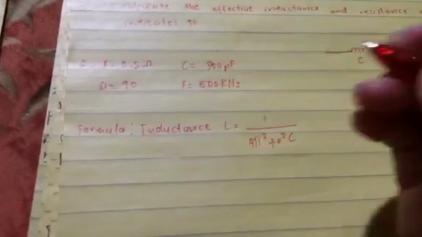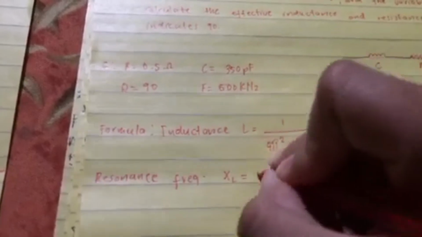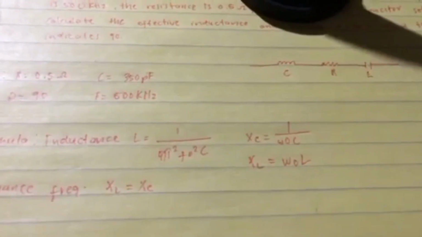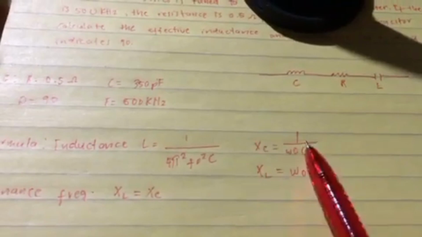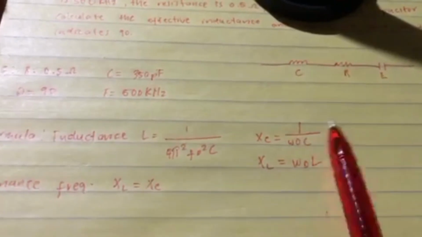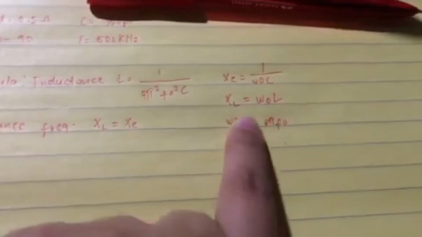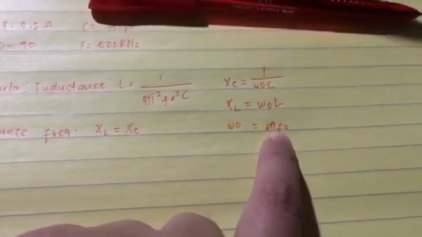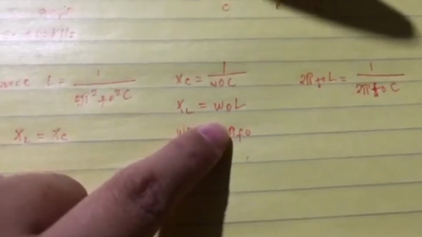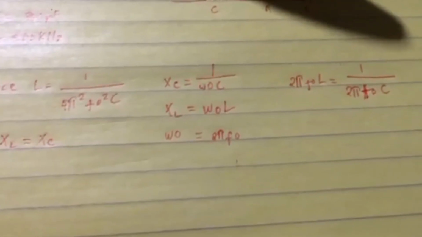At resonance, XL is equal to XC. We know that XC is equal to 1 over omega naught C, and XL is equal to omega naught L, where omega naught is equal to 2 pi f naught. So XL and XC are equal.